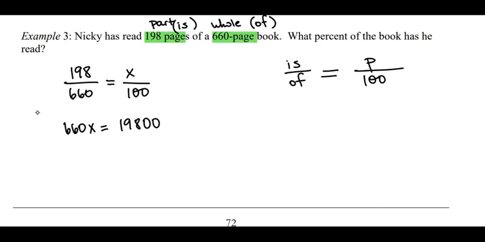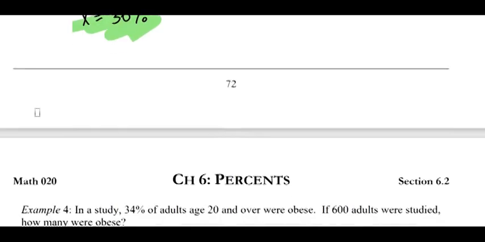At that point, I just take the 19,800 and divide it by 660. So x equals 30. And that was 30%, so I can put the percent back in. Notice that we're not using percent until we actually have the answer. We never put mixed percent with numbers in a problem.